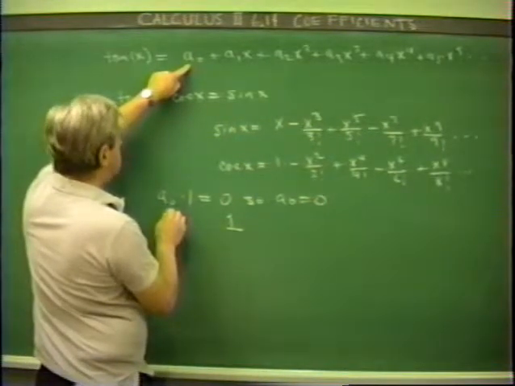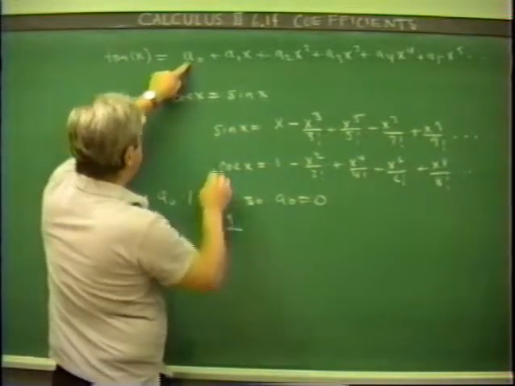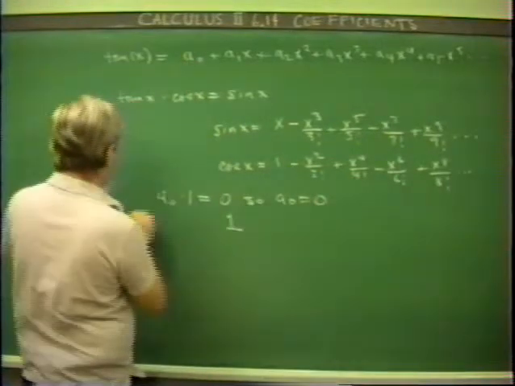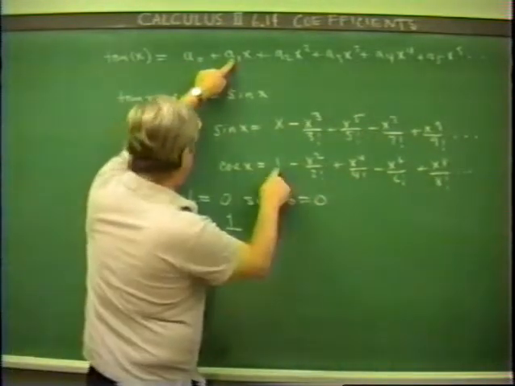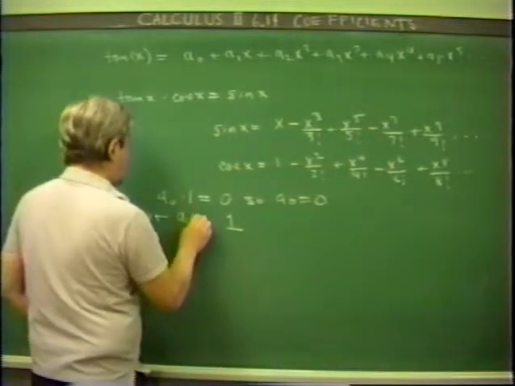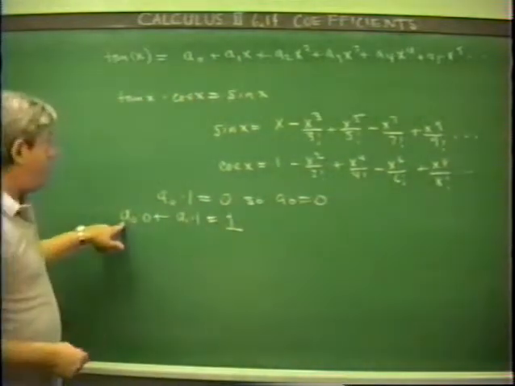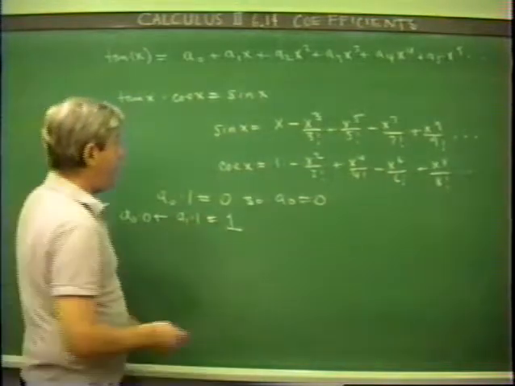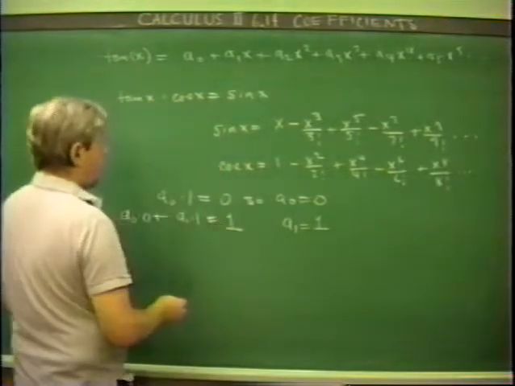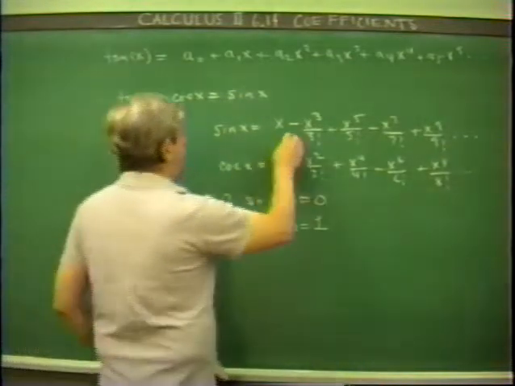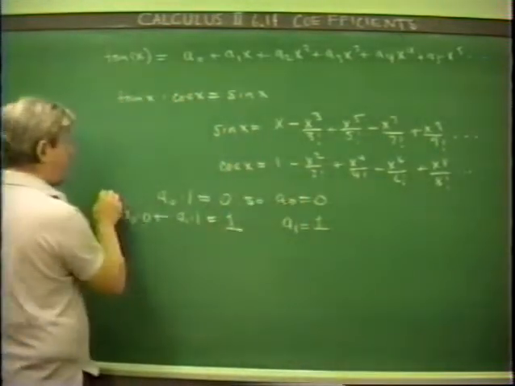Well, it's 1, and what's it going to be? I'm sorry, it's going to be a0 times 0, the x squared term here, plus a1, the x term, times 1. Now we know a0 is 0, so we must have that a1 is equal to 1.